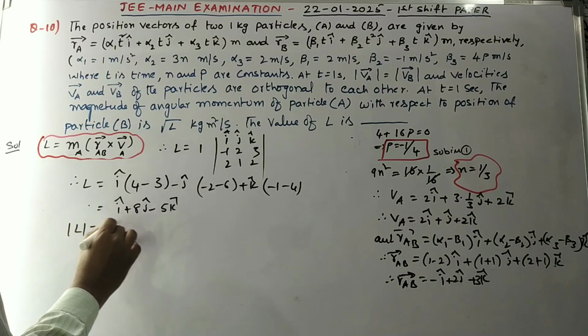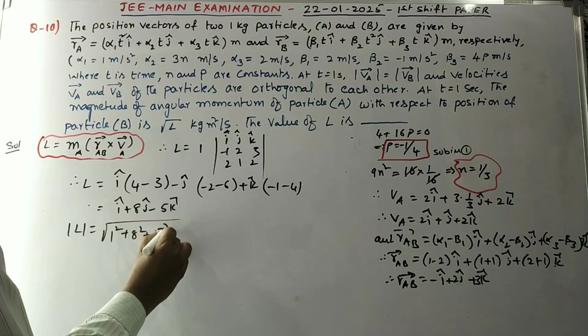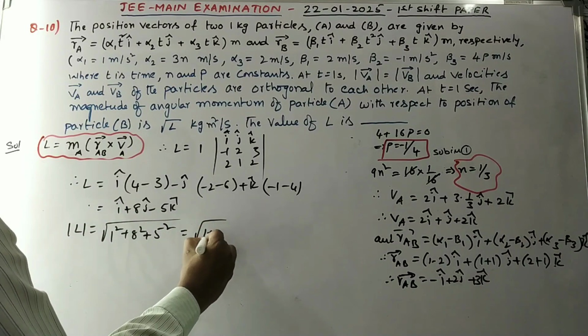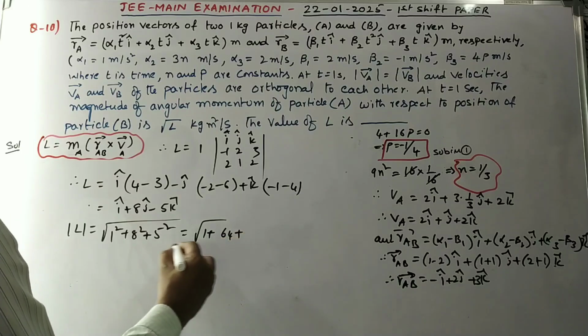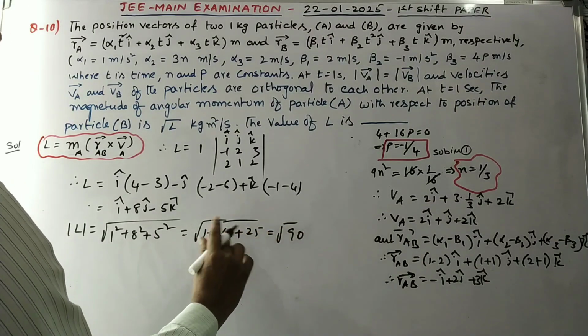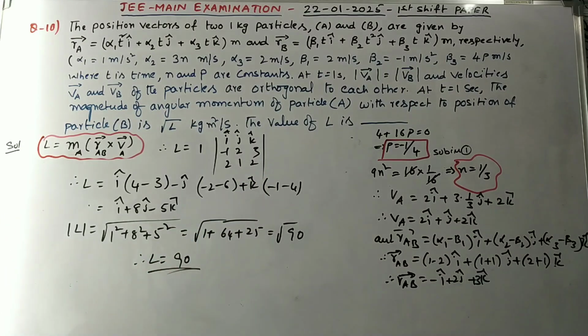Therefore, mod L is equal to root of 1 square plus 8 square plus 5 square, minus 5 whole square means 5 square. 1 plus 64 plus 25, root 90. Yes. Therefore, the L value is equal to root 90. Okay, right. Thank you very much.